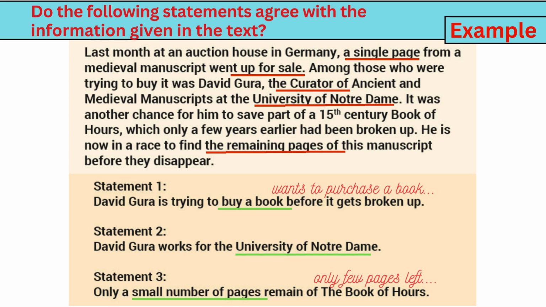But here I have already mentioned that you need to be very careful about the question's small details as well. Yes, there are remaining pages, but it is difficult to conclude from the passage whether they are fewer or more. So in the statement, only a small number of pages remain, but in the passage, for the remaining pages, there is no information about it, so the answer will be not given.